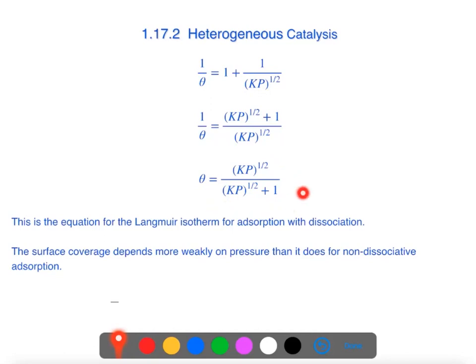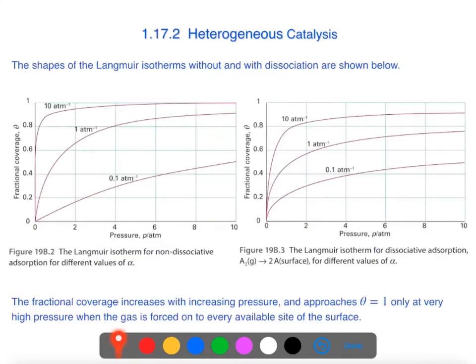So one takeaway for the Langmuir isotherm for adsorption with dissociation is that surface coverage depends more weakly on pressure than it does for the non-dissociative adsorption. And that's shown with this square root term for pressure when equated to our fractional coverage. So the shapes of the Langmuir isotherms without and with dissociation are shown below.